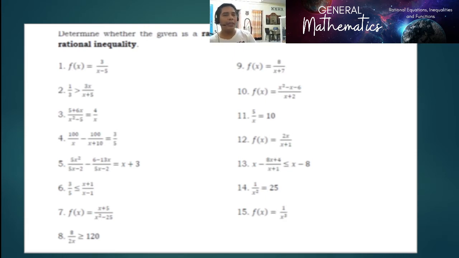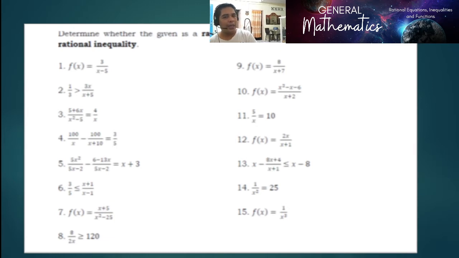So, how do we distinguish the two? Kapag may nakita kayong f of x or y sa equation, then it is a rational function. Again, I will repeat. Kapag may nakita kayong f of x or y sa isang expression, tapos may equal sign pa siya, that is considered a rational function.